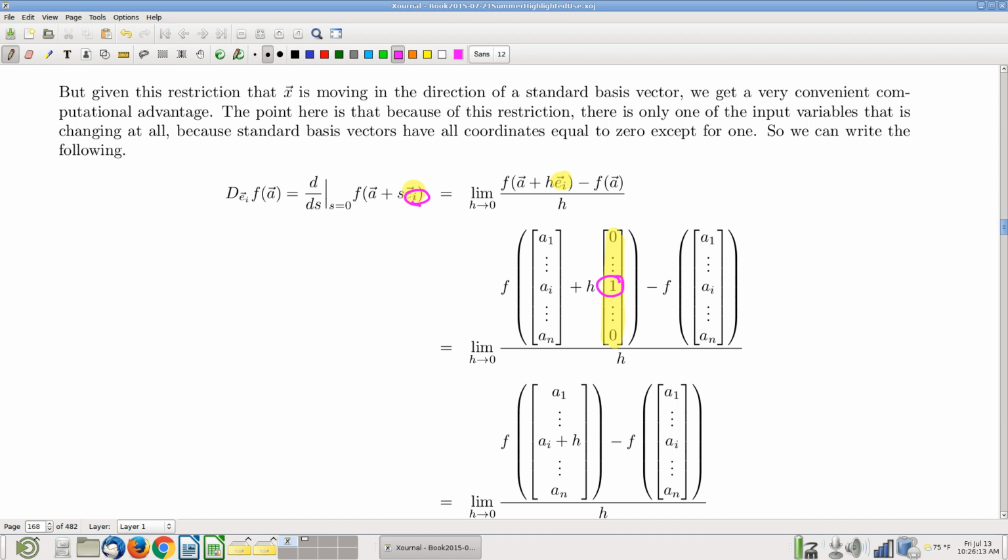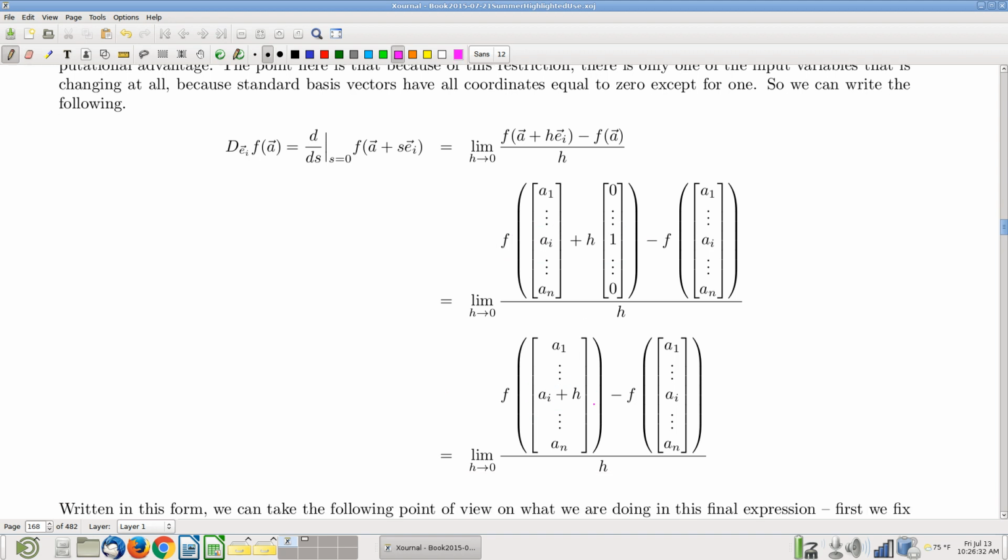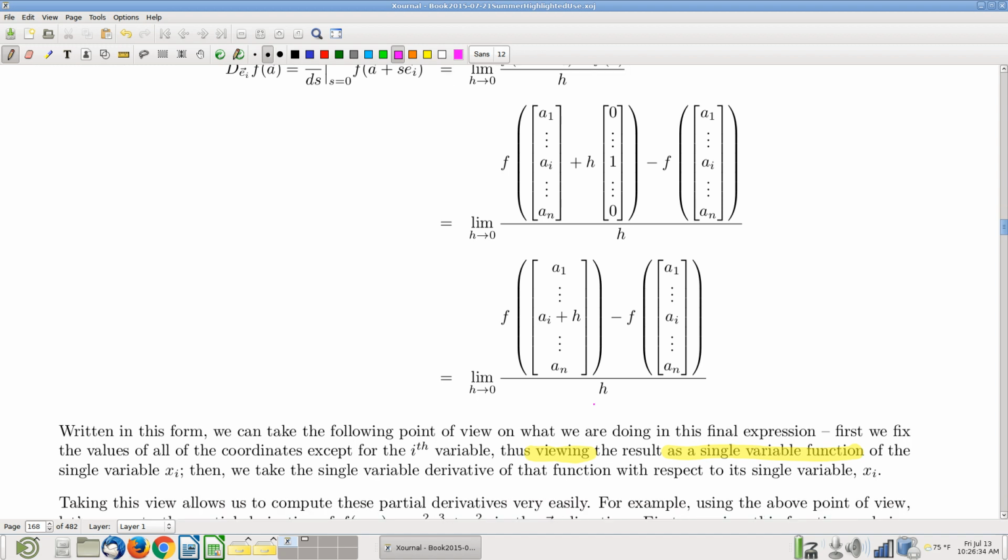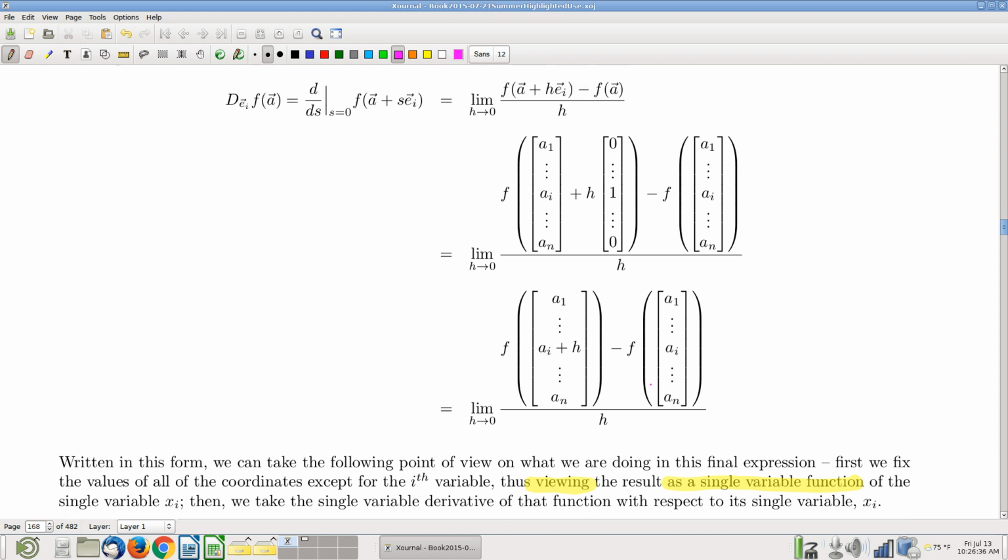And we can simplify that a little bit. As many zeros as there are, most of these coordinates don't change at all. It's just the one coordinate that changes. Most of the rest of the coordinates stay fixed. So this expression here is actually what we end up getting out of the deal.